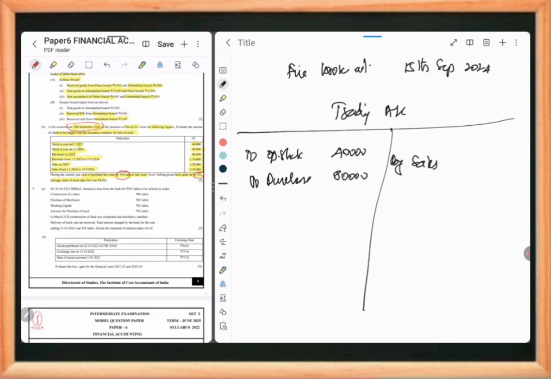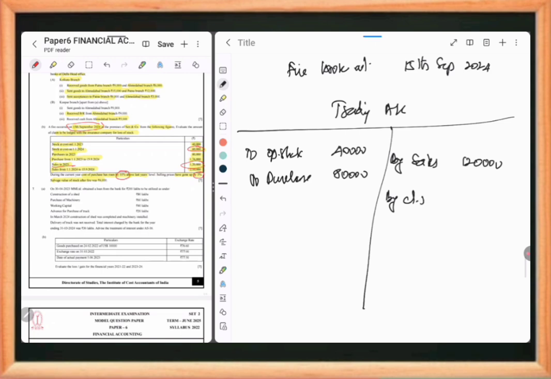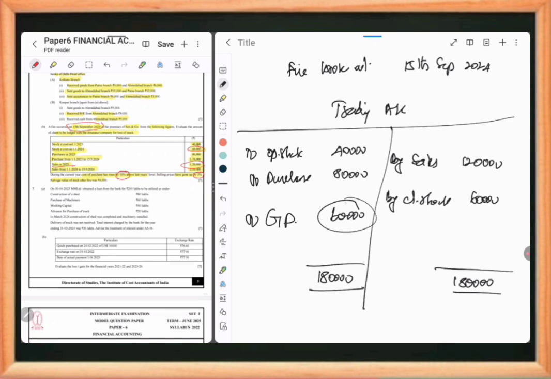Sales during the previous year are 1,20,000 rupees. Closing stock is 60,000 rupees. If we balance, 1,80,000 against 1,20,000, the remaining balance of 60,000 rupees will be the profit. So gross profit is 60,000 rupees.